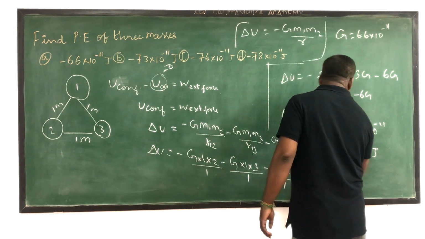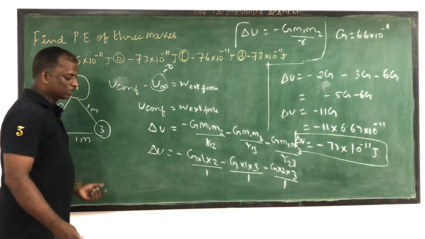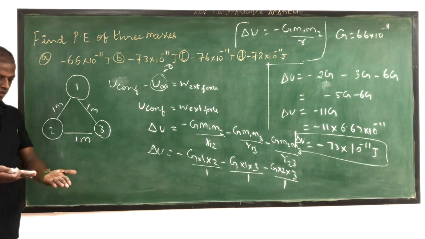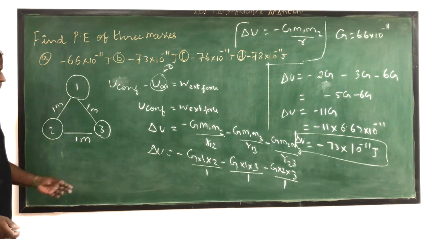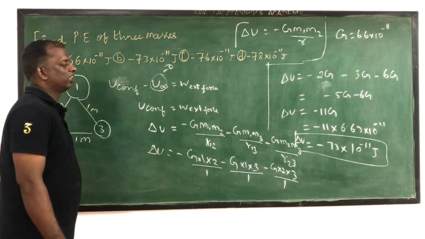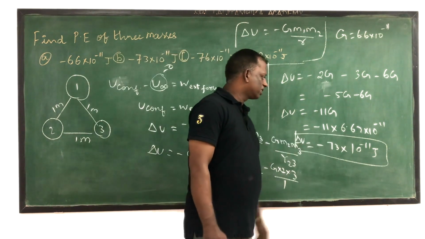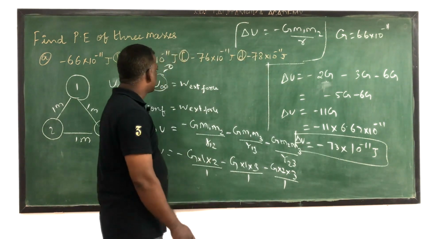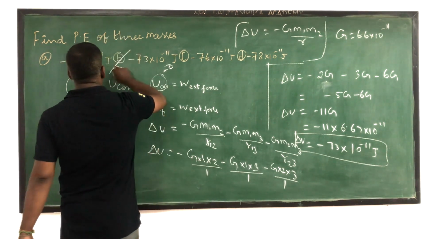So this is the potential energy for 3 masses. Just multiply and you will get this answer, minus 73 into 10 to the power minus 11. So the answer is B.